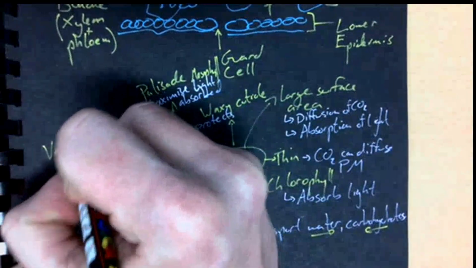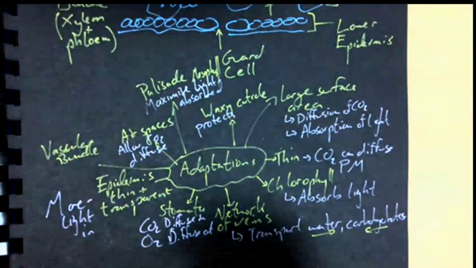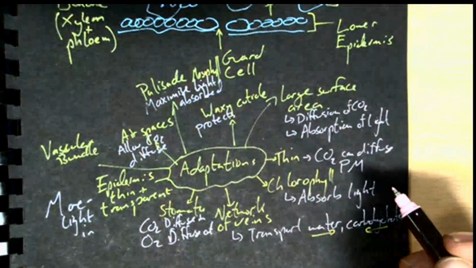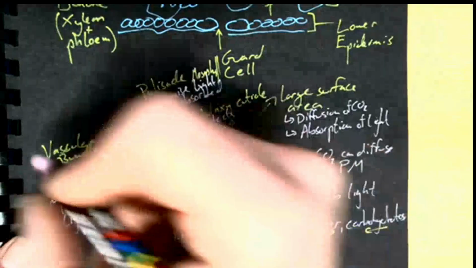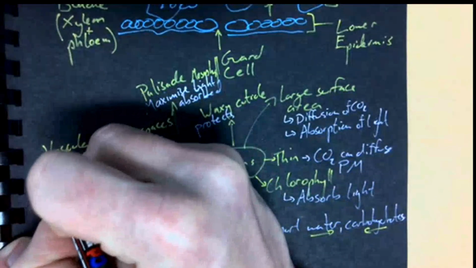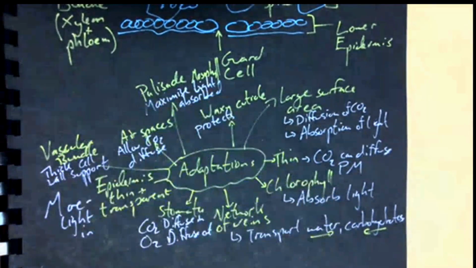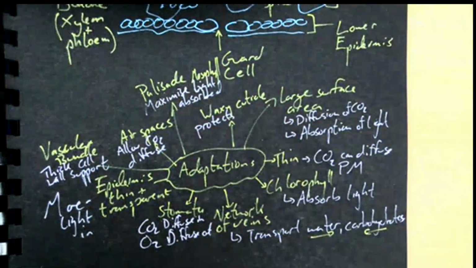Vascular bundle. And this has got thick cell walls that help support the stem and the leaf.